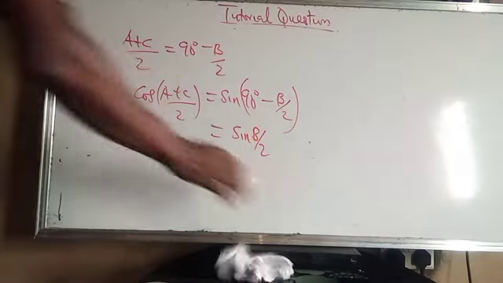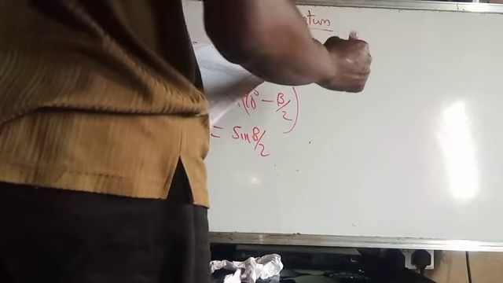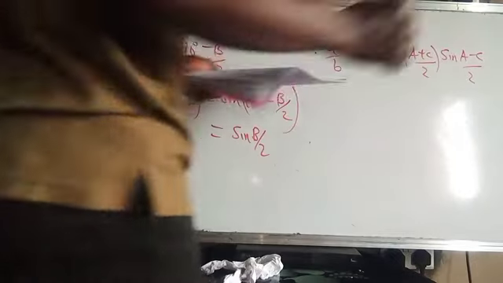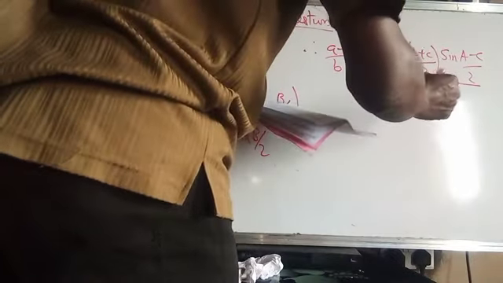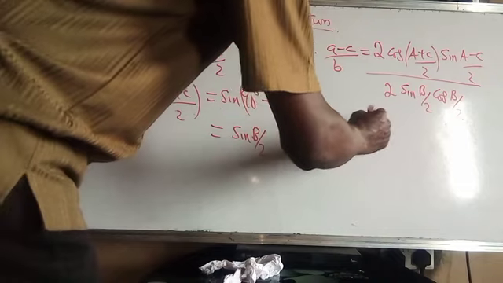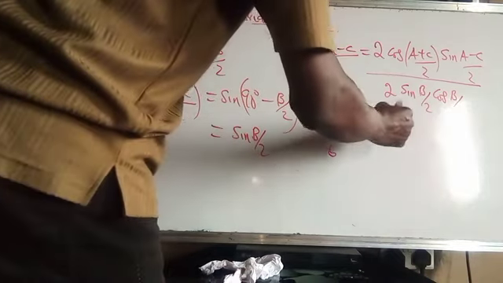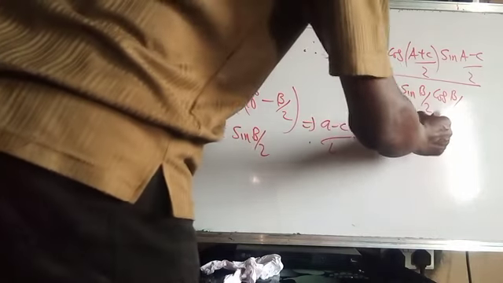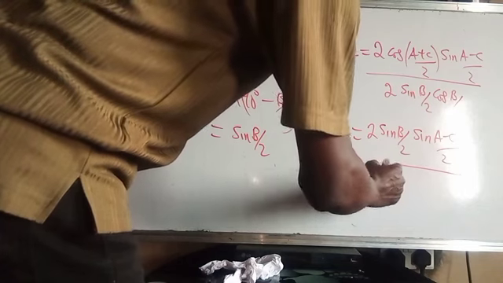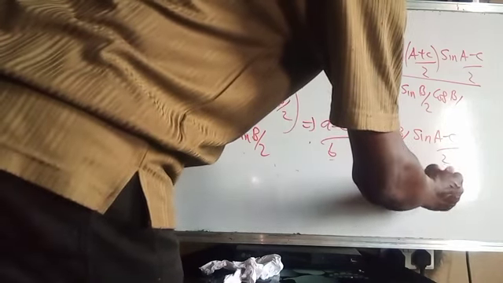So with this, (A minus C) all over B, which gave us 2 cos (A plus C) all over 2 sine (A minus C) all over 2, all over 2 sine B all over 2 cos B all over 2, can now be written as (A minus C) all over B equals sine B all over 2 sine (A minus C) all over 2, all over 2 sine B all over 2 cos B all over 2.